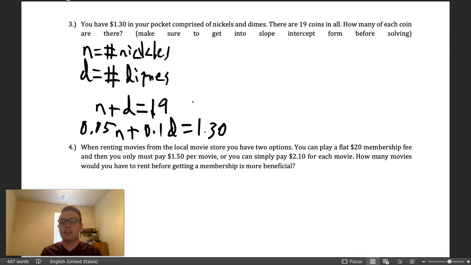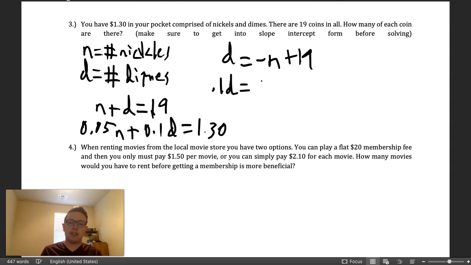I realized before we throw this into our calculators, we need to go ahead and solve for one variable. So let's go ahead and do that. We're going to say d is y. So d or y is equal to minus n or minus x plus 19. And then we'll do that for the other one. We get 0.1d is equal to minus 0.05n plus 1.30, or d is equal to, what will that be?